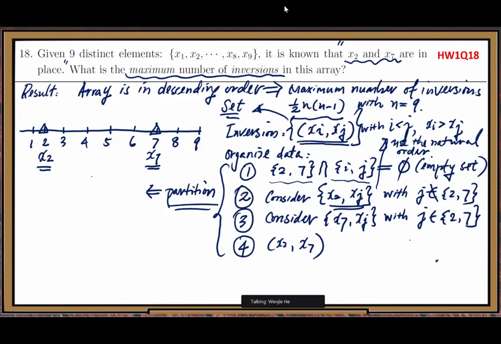The first property, no overlapping. Second property, cover the whole set. Third one, each subset non-empty.